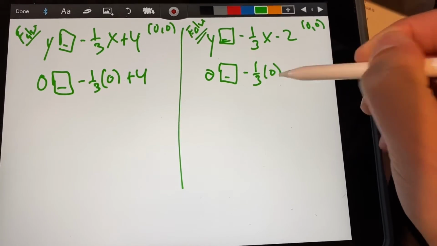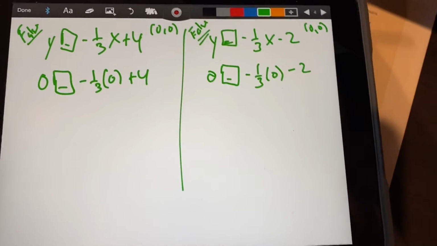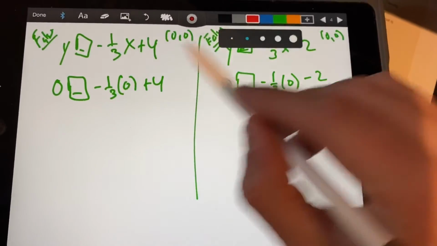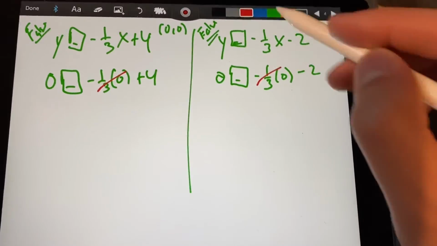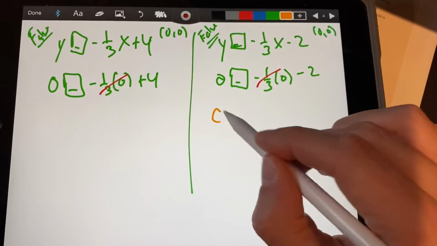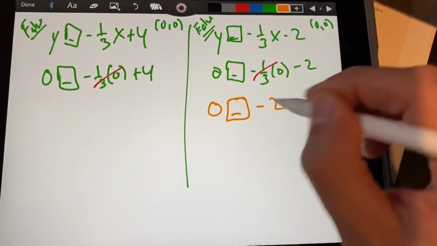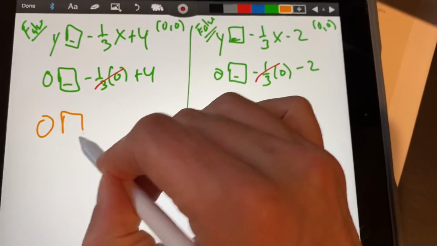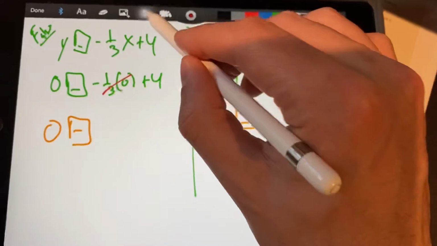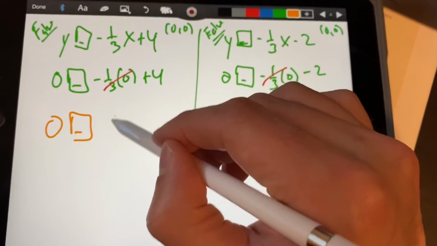And remember, I'm just plugging in 0, 0. I want to now simplify. Anything times 0 cancels out, so the slope cancels on both sides. This is going to give me 0, some inequality symbol, minus 2, and 0, some inequality symbol, plus 4.